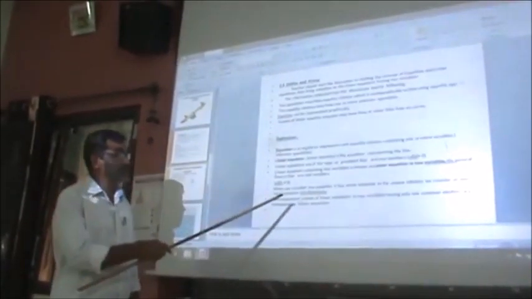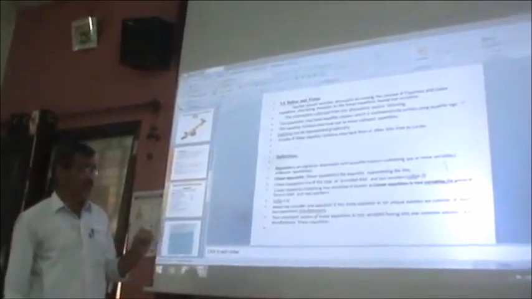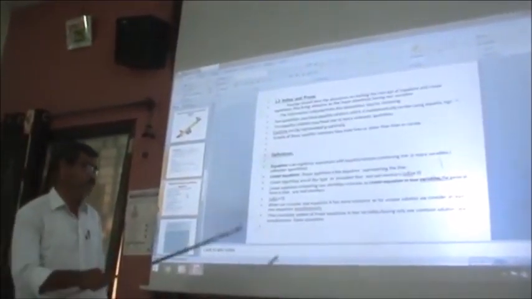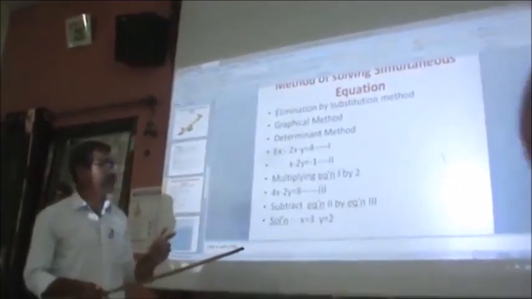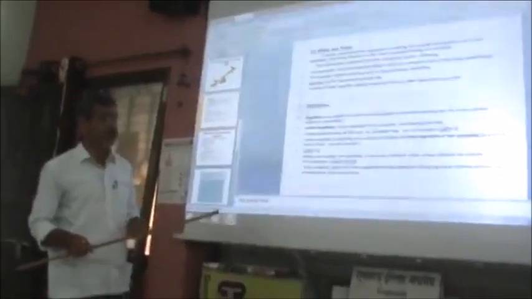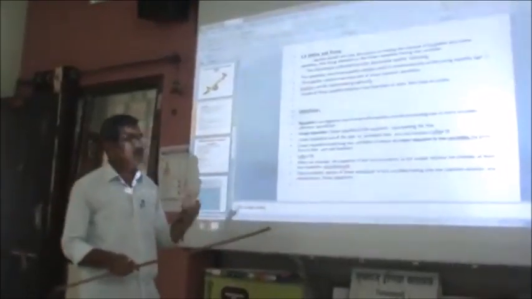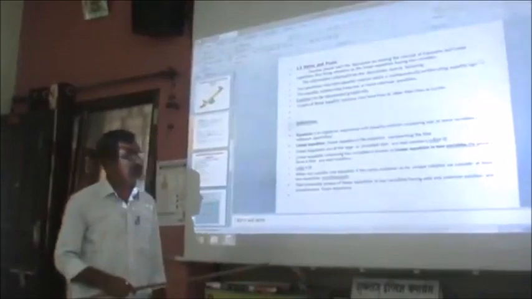Now when we consider an equation in one variable, it has infinite solutions. But when we consider two equations in two variables, they have only one solution. Therefore, these equations are called simultaneous equations, meaning both have the same solution.